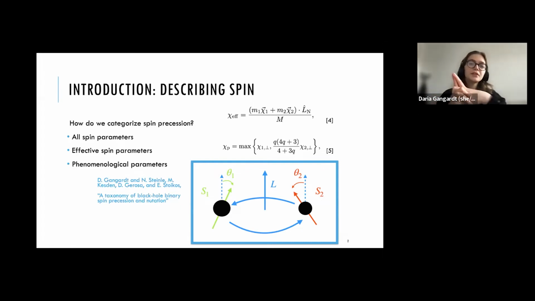So instead, some of my previous work looked at trying to take a different approach to the spinning of these two black holes, looking at the geometry of the system and the spin dynamics, and seeing if we can describe it in terms of what the system may look like without having to use all of the spin parameters.